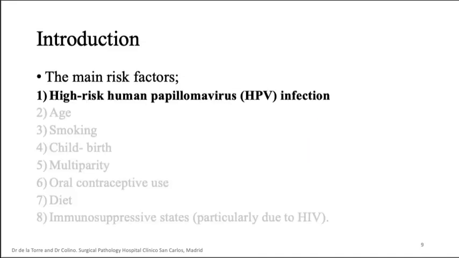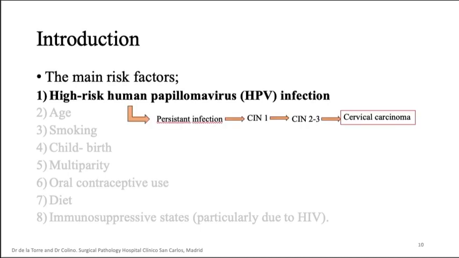Among these various risk factors, persistent infection with high-risk HPV appears to be the primary driver of cervical carcinoma development, arising from normal cervical epithelium through a progressive development of low and high-grade cervical intraepithelial neoplasia. However, the severity of the outcome toward cervical cancer development depends on specific HPV subtypes.